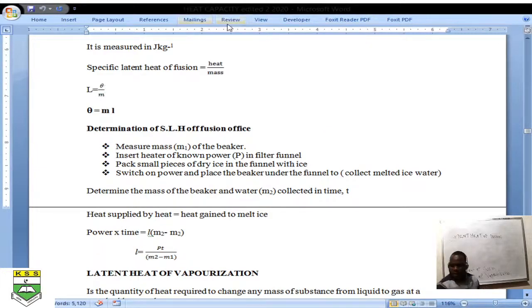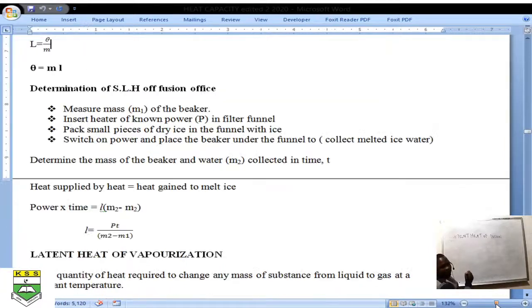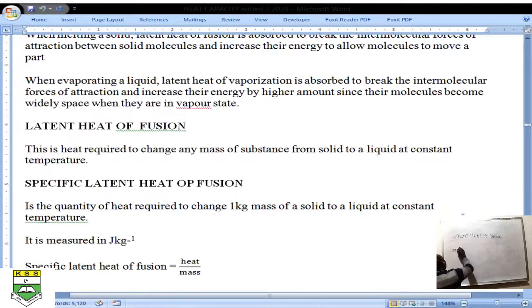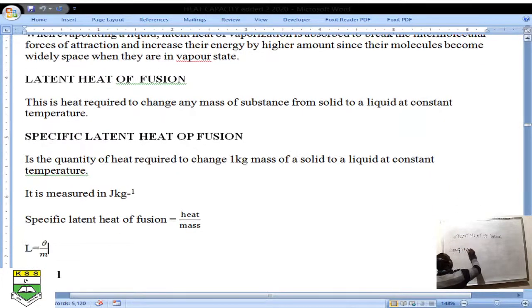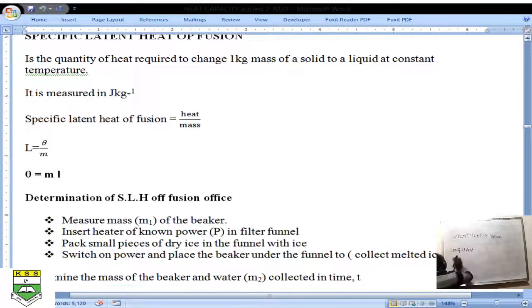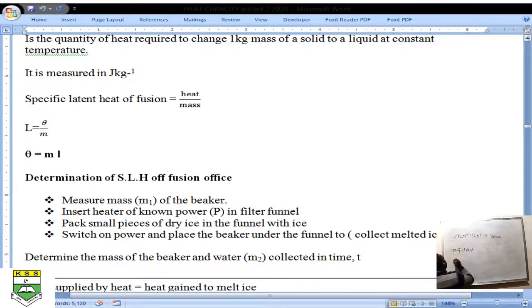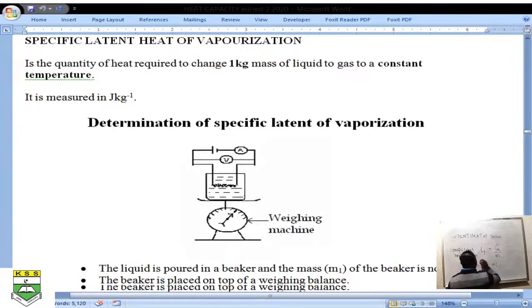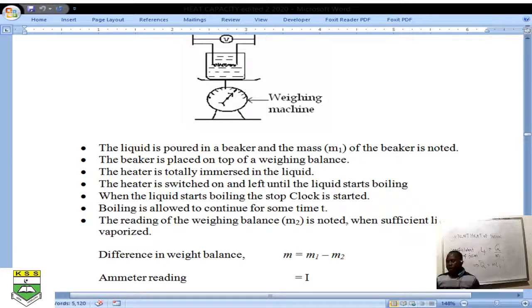So, what you're seeing there, I'm trying to rectify some of the small mistakes that you may have in your notes there, and try to improve. We are saying that the specific latent heat of fusion, which is LF, is supposed to be heat over M. And actually here we can beautify the formula as LF equals Q over M. That formula is what we use in the calculations of latent heat.